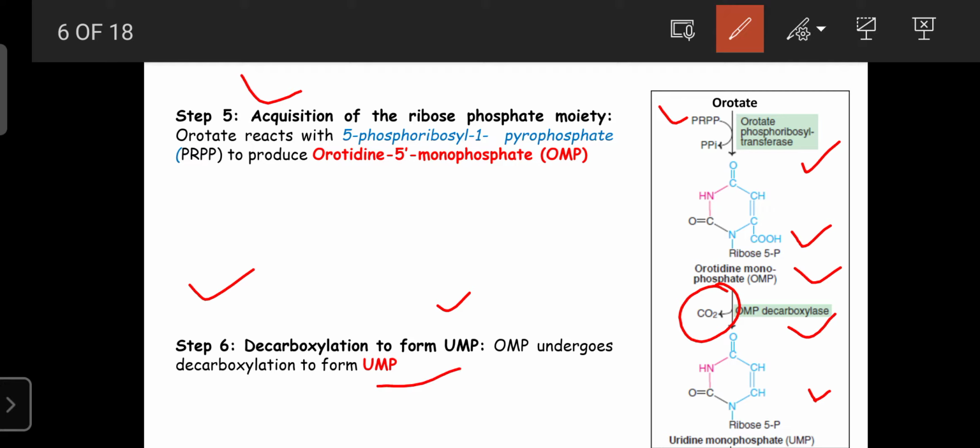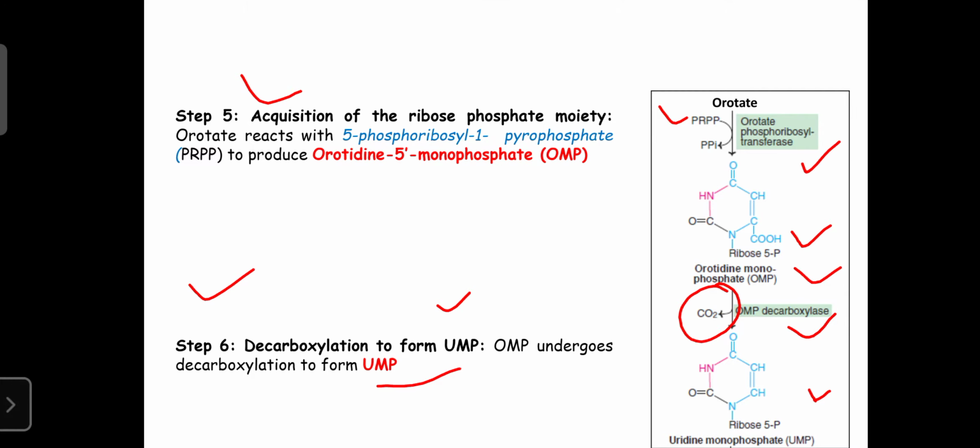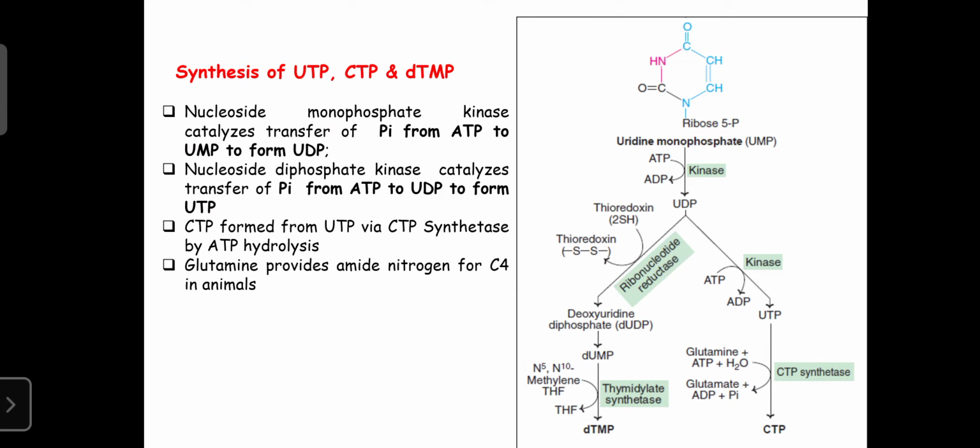UMP is the main basic molecule that is required for the formation of the further pyrimidine nucleotides. So now we learn regarding the synthesis of UTP, CTP and as well as dTMP. The dTMP synthesis will be learned in the next steps.